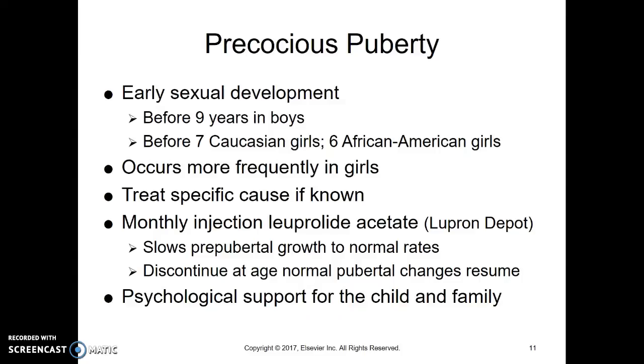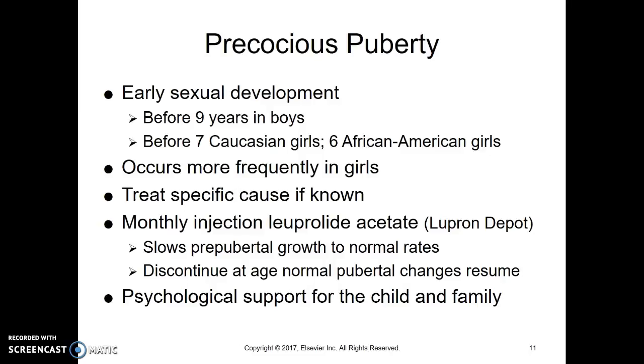It will stop the hormones that are causing the precocious puberty. And then when we get to the age where they should start to develop, then we stop that and let their development go on normally.